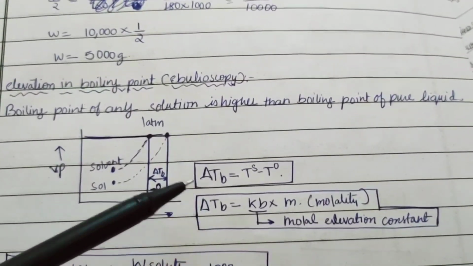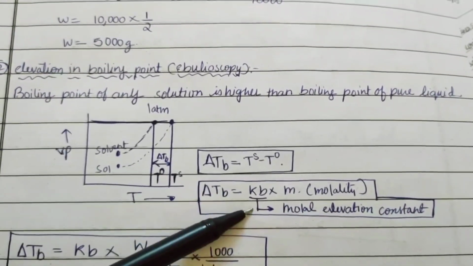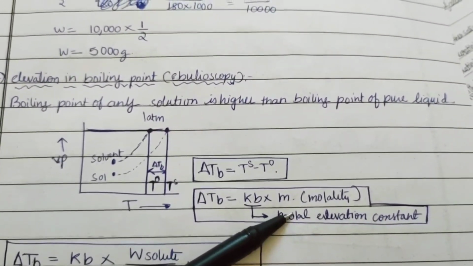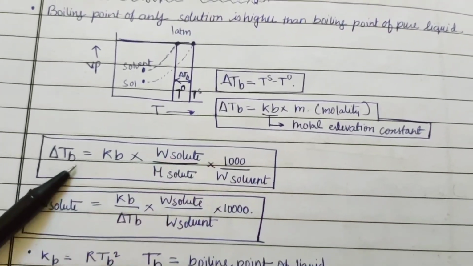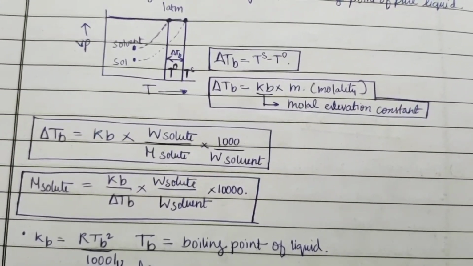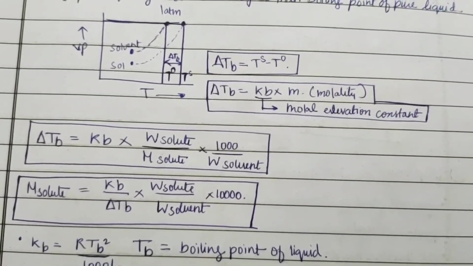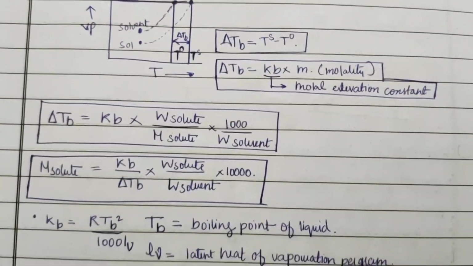So delta TB equal to Ts minus T naught, where delta TB can also be written as Kb into m. m is molality and Kb is the molal elevation constant. So delta TB equal to Kb into weight of solute by molecular mass of solute into 1000 by weight of solvent.